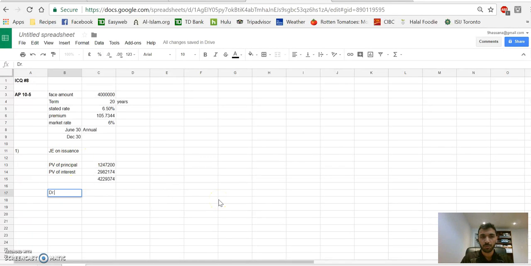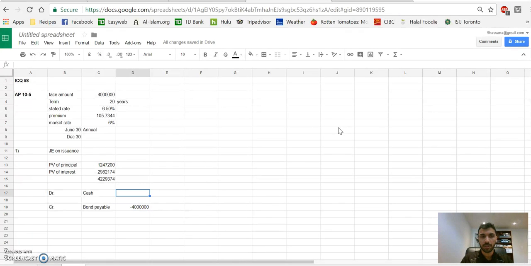So we know when you issue a bond, you'll debit cash because cash is coming in, and we know we're going to credit the bond payable. Now the way to start this entry would be you start with the bond payable because you know that the initial liability has to equal the face amount of the bond. So go ahead and you put in your $4 million credit.